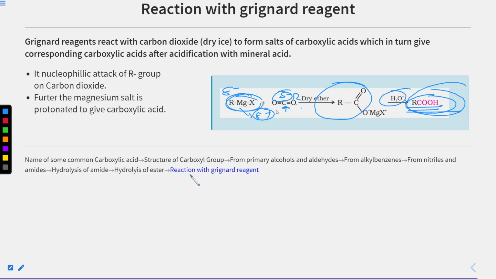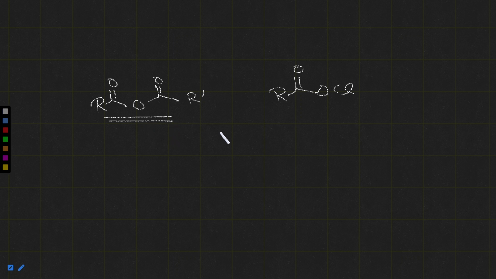Students, one more thing. I told you in the previous slide that you can hydrolyze our anhydride, or we can have this acyl halide, to give the carboxylic acid. So I am doing the hydrolysis of one of these, that is your anhydride, and you can try the hydrolysis of RCOCl. So let us do it.